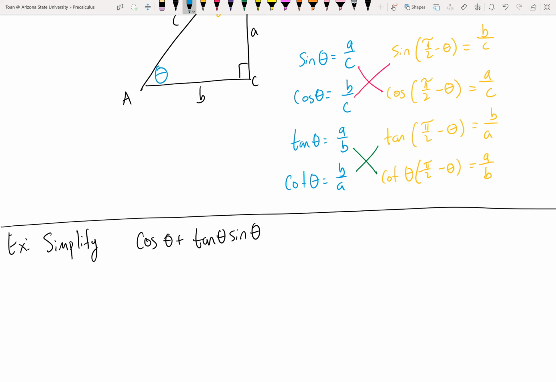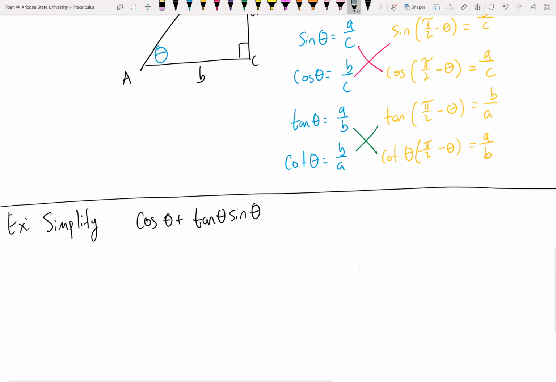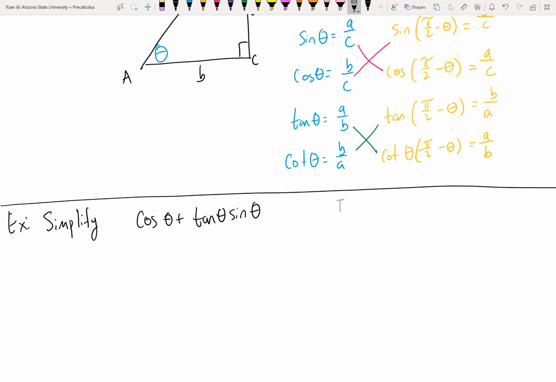I do have some general hints, though, and these are the things that I think about. The first thing I look for are squares. If I see squares, I normally think of Pythagorean identities. But in this case, there aren't any squares, so I can't use Pythagorean identities. So here's my tip to you. When in doubt, convert into sines and cosines.